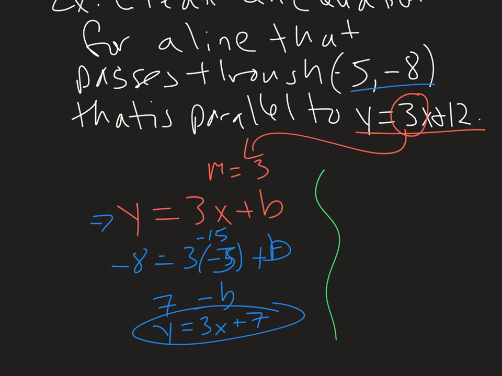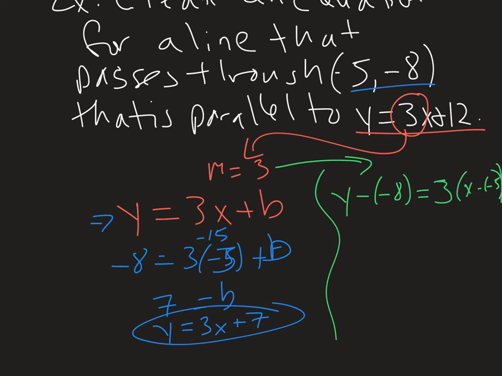Now, if you're a fan of point-slope, what you can do here is just jump right in. We already know the slope, so we can just say y minus -8 is equal to 3 times x minus -5. And we could simplify it a little bit.